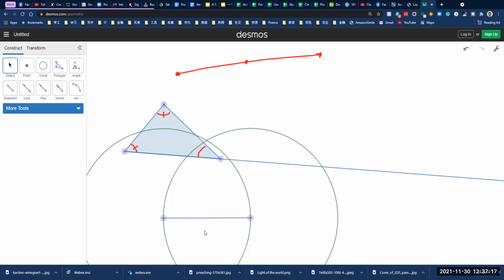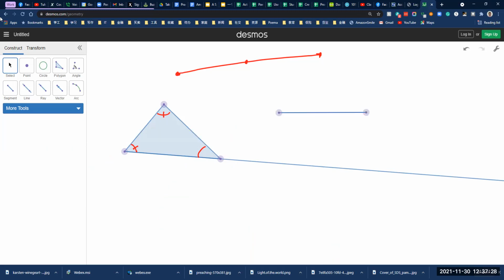So this line is outside. Let me actually, I know there is a way to move it, but just pick it here.